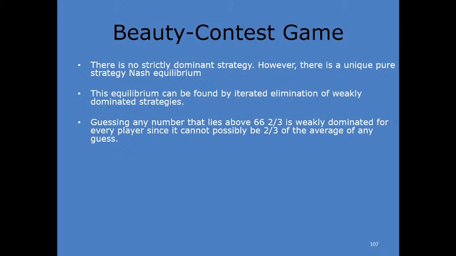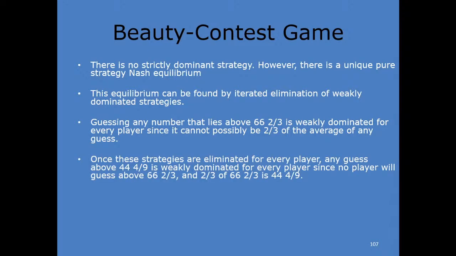So guessing any number lying above 2/3, meaning 66.6, is weakly dominated for every player, since it cannot possibly be 2/3 of the average of any guess, right? So you can remove all the guesses that are weakly greater than 2/3. But once you remove those, remember you have to guess what the average is.